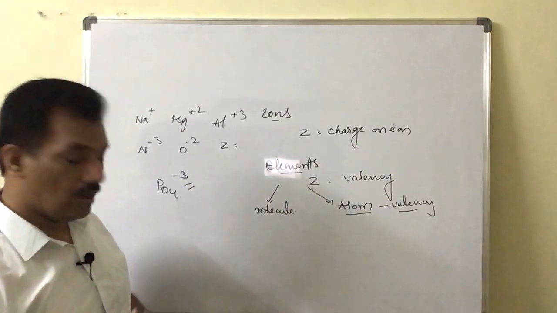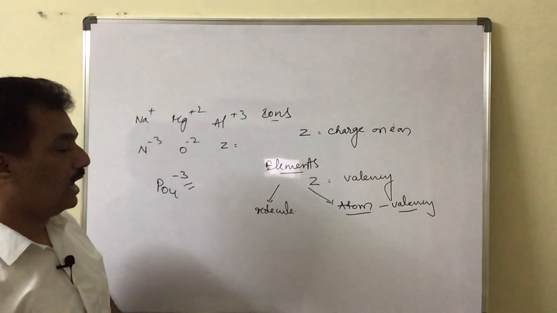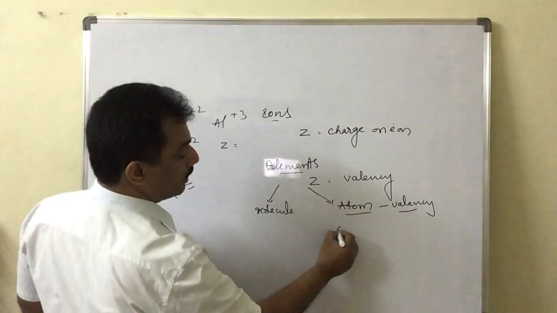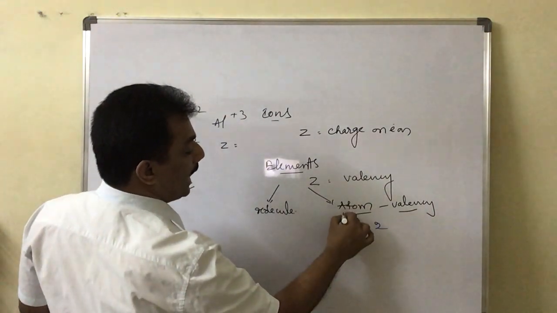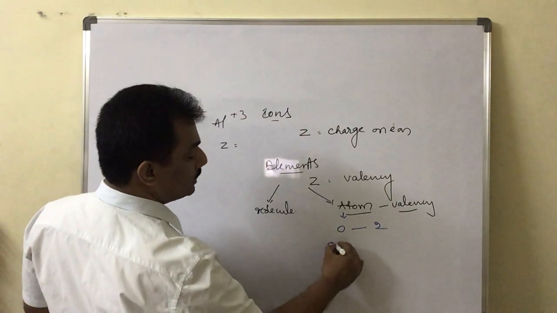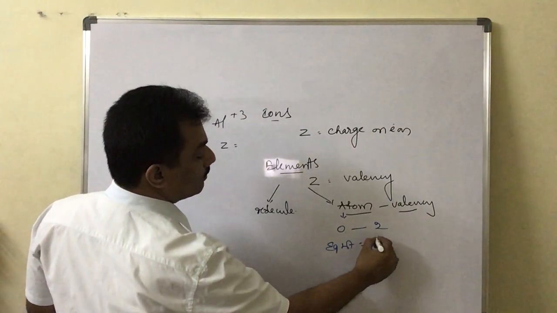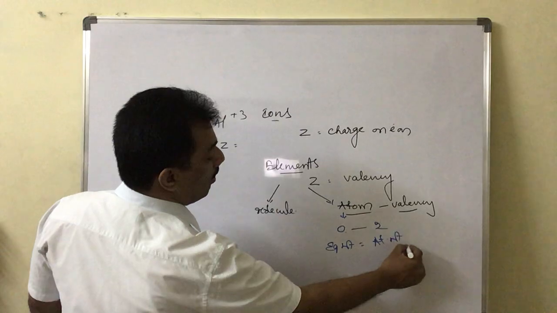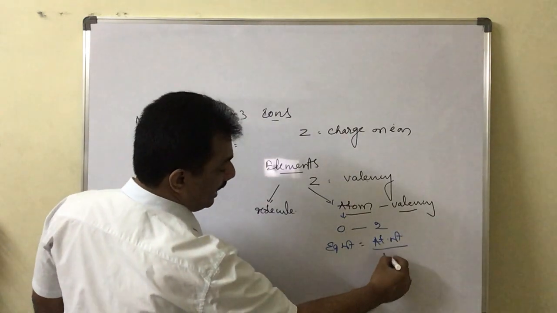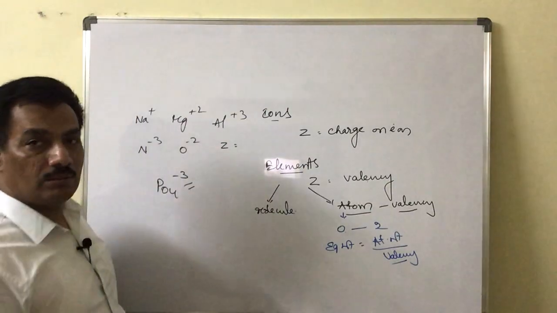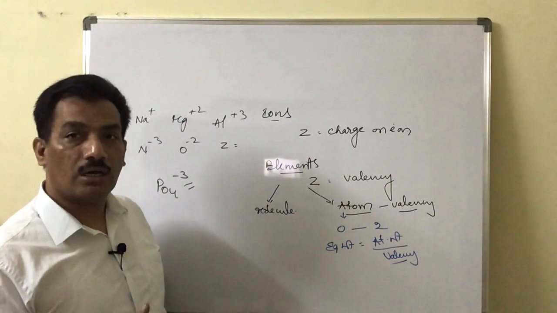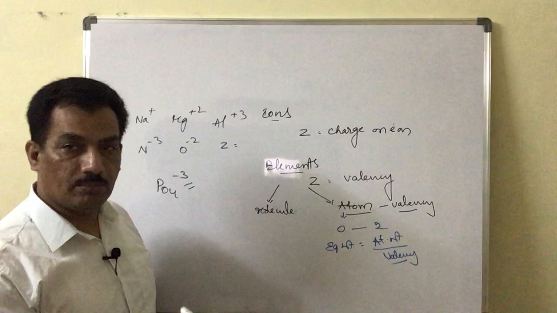Already we know, is it not? Say, for example, the valency of oxygen is 2. So when the atom is given, the equivalent weight of oxygen is the atomic weight of that oxygen divided by valency. Valency is nothing but the bonding capacity or combining capacity of the atom.